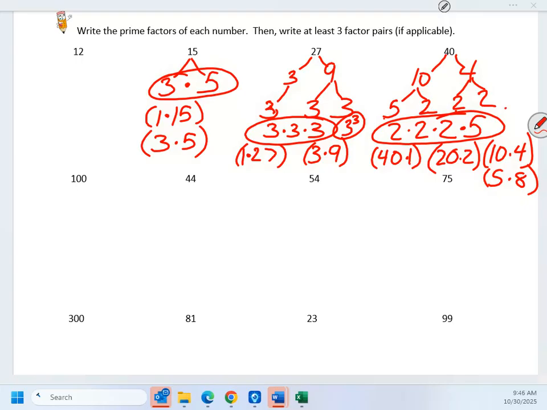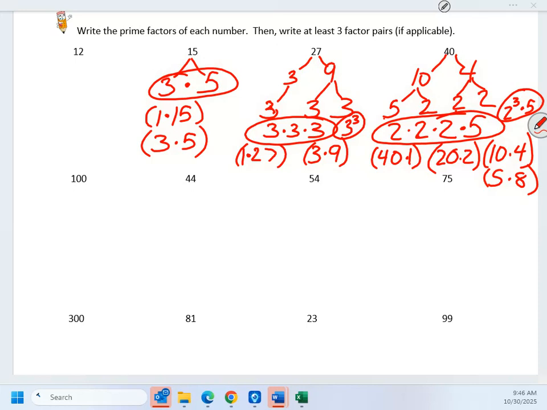Here, you could see it as 2 cubed times 5. 2 to that third power, as we're multiplying 2 by 2 by 2, that's 2 to the third power times 5. I would accept it either way. So you might see it either way. Any questions on the prime factorization?